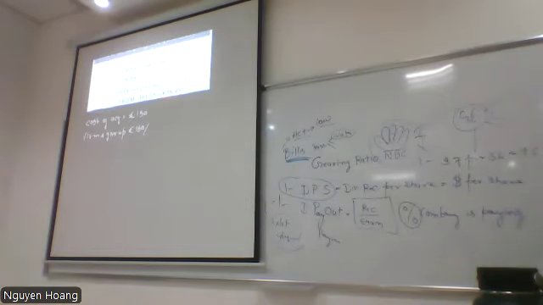So 150 divided by 20 would be 7.5. So 7.5, you can say that, what is 7.5?